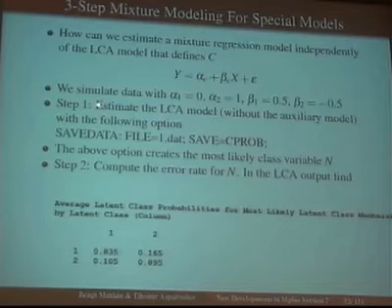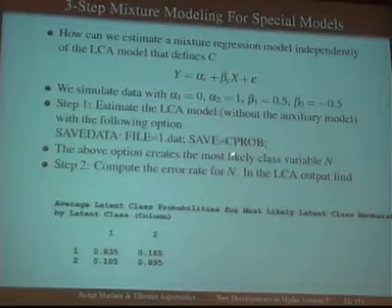In the first step, all you need to do is add this command, save data, specify a file name, and also specify this option, the cprob command, which is going to give you the posterior class probabilities for each observation.